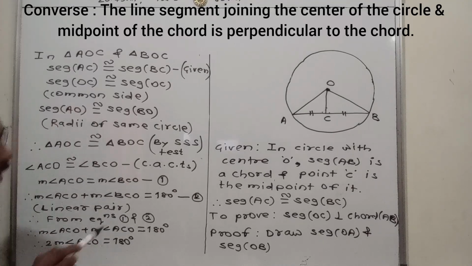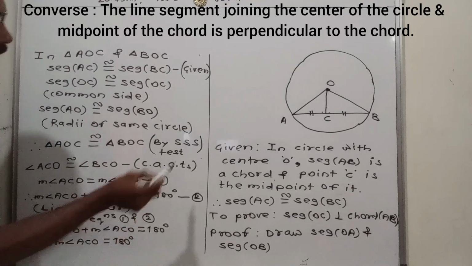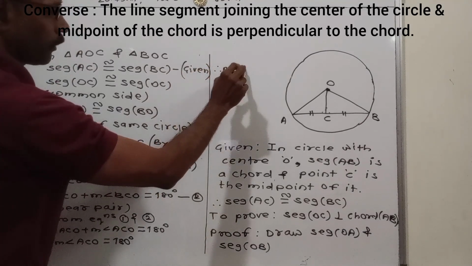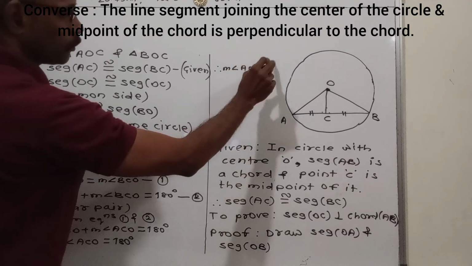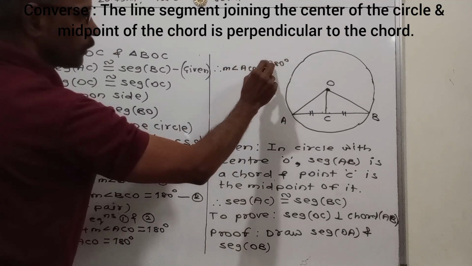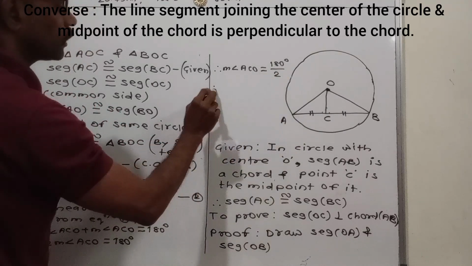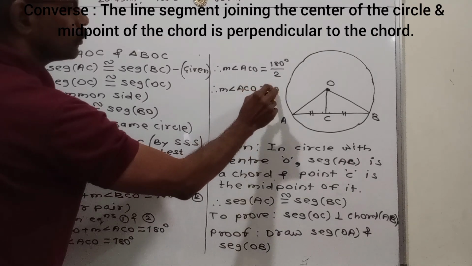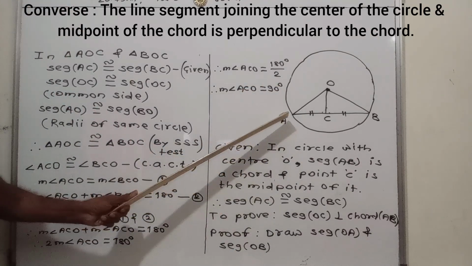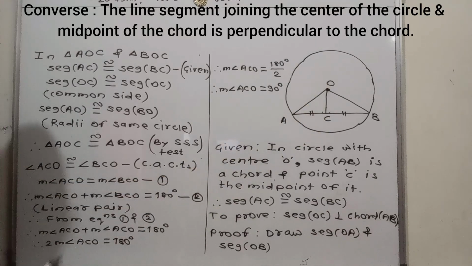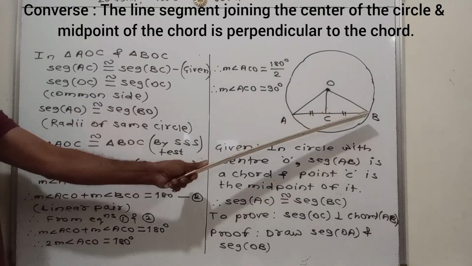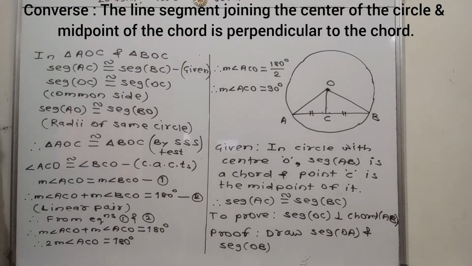Did you get it? Now, here 2 multiplied, we take to the right side. Therefore, measure of angle ACO is equal to 180 degrees upon 2. Therefore, measure of angle ACO is equal to 90 degrees. See here, and both these angles are congruent. Therefore, measure of angle BCO is also 90 degrees.